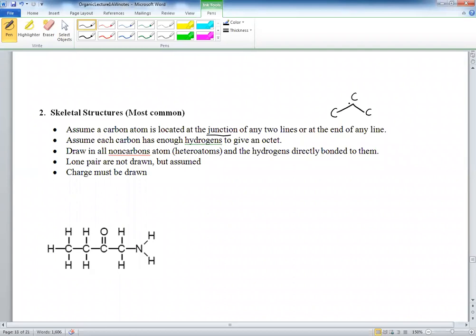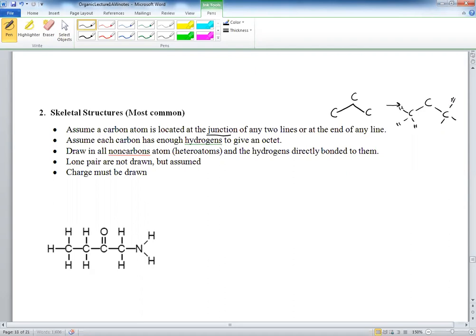Now, with that, you're also going to assume that each carbon has enough hydrogens to give the octet. So, I'm going to show you side by side what the structure means. Okay. Now, remember carbon, the honk 1, 2, 3, 4.